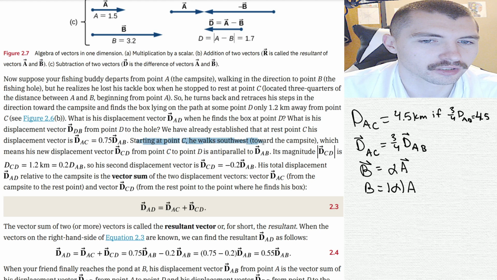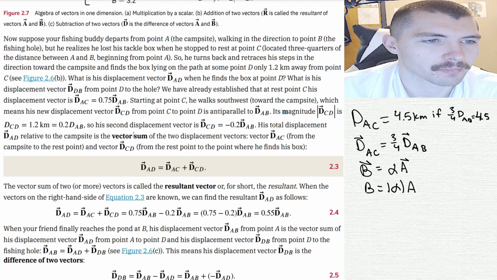Starting at point C, walks southwest, which means displacement CD is antiparallel. Its magnitude d CD is this. So his second displacement vector is d CD. Vector sum of the two displacement vectors.